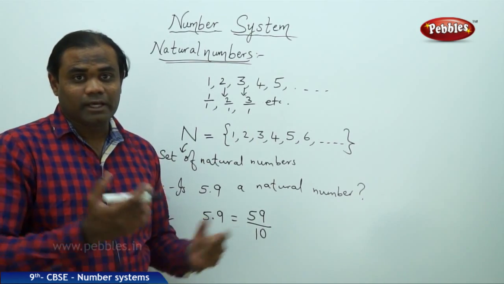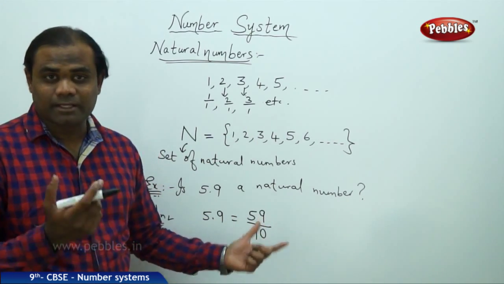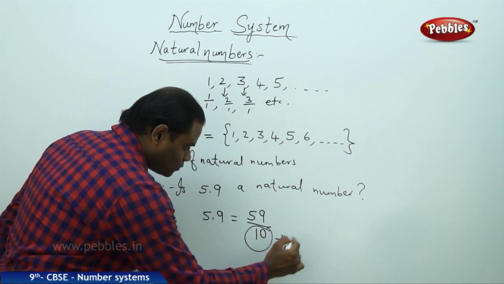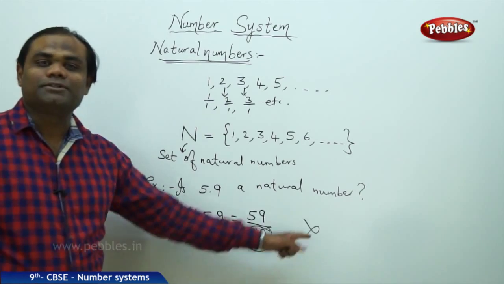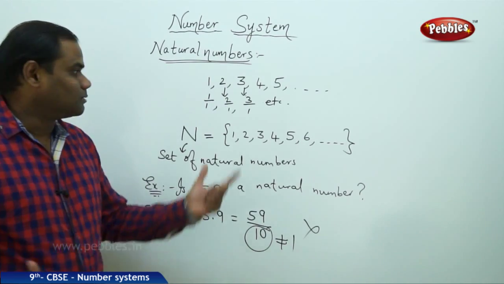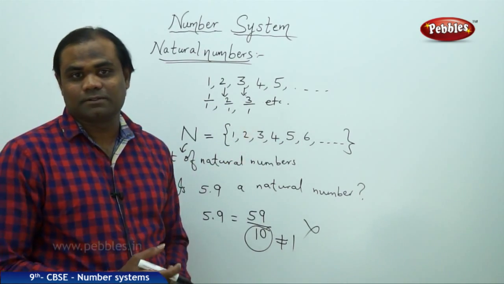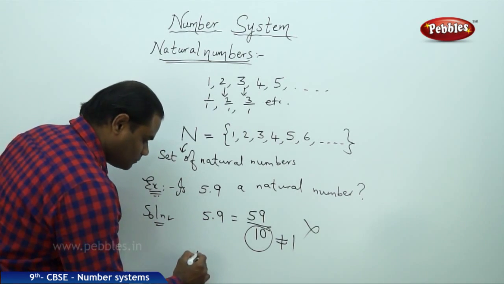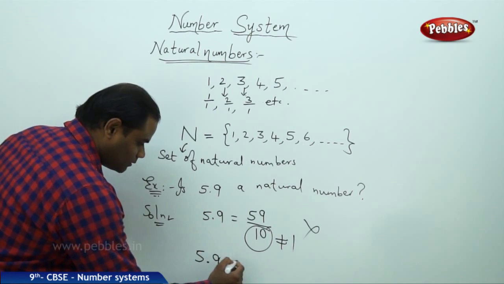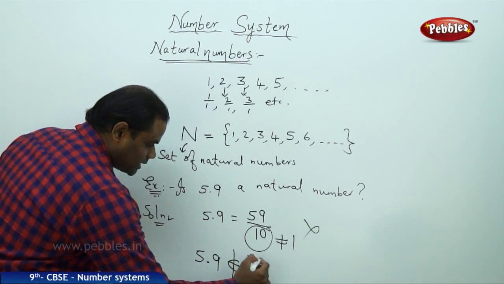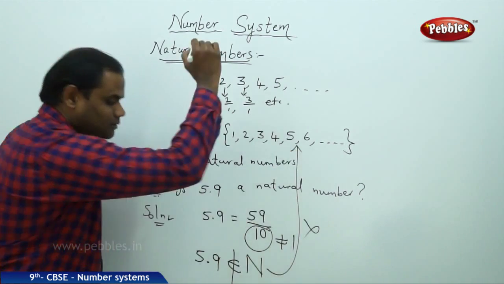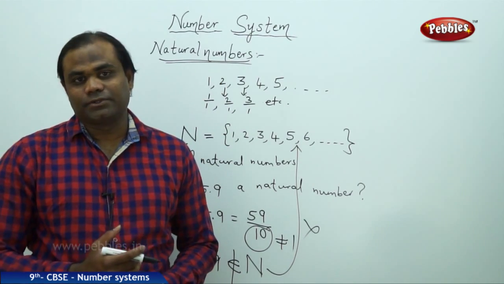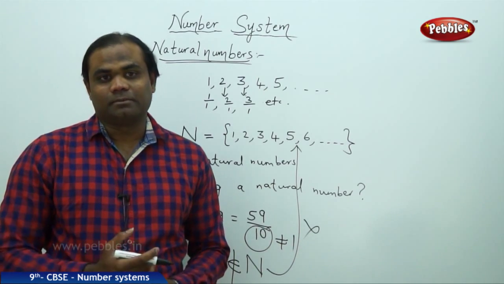Other than 1, any other number we take cannot be accepted in natural numbers. Therefore, this not being equal to 1 is not a natural number, strictly by the definition as we have learnt. So 5.9 is not a natural number, and I write this as 5.9 does not belong to the set of natural numbers. This is how we understand identifying a natural number or not a natural number.